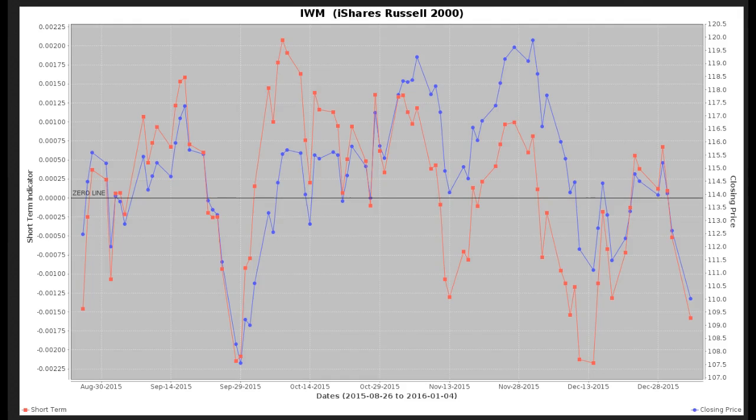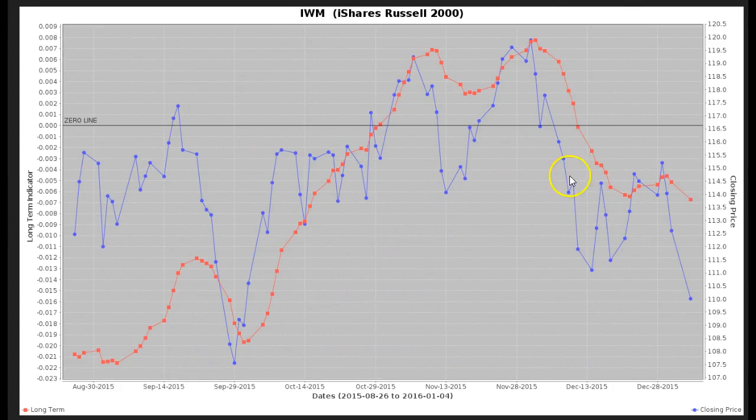Let me switch over to our LT oscillator and show you what I was referring to. So you can see here we had crossed below the zero line back on December 13th or right around there. And the oscillator came down. It tried to stabilize here, tried to move up a little bit, and then turn right back down again.